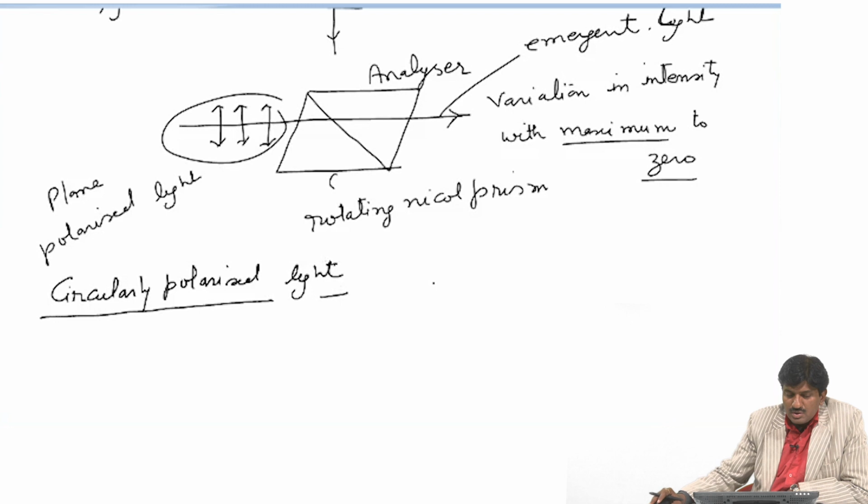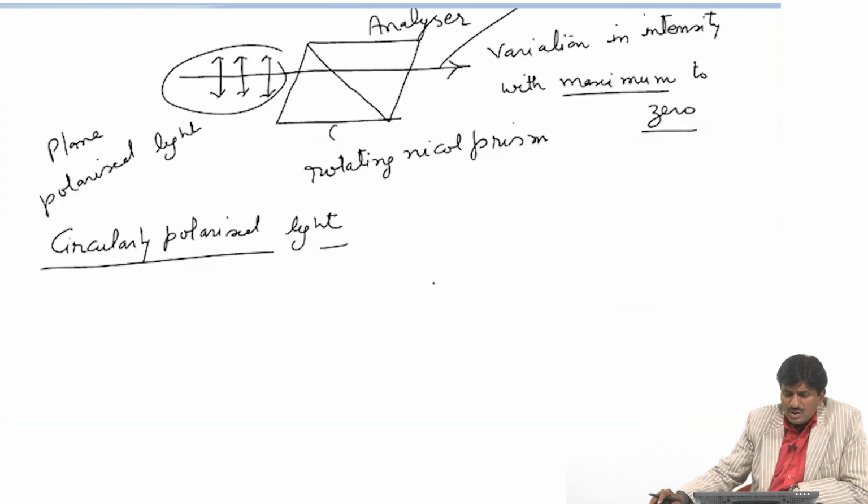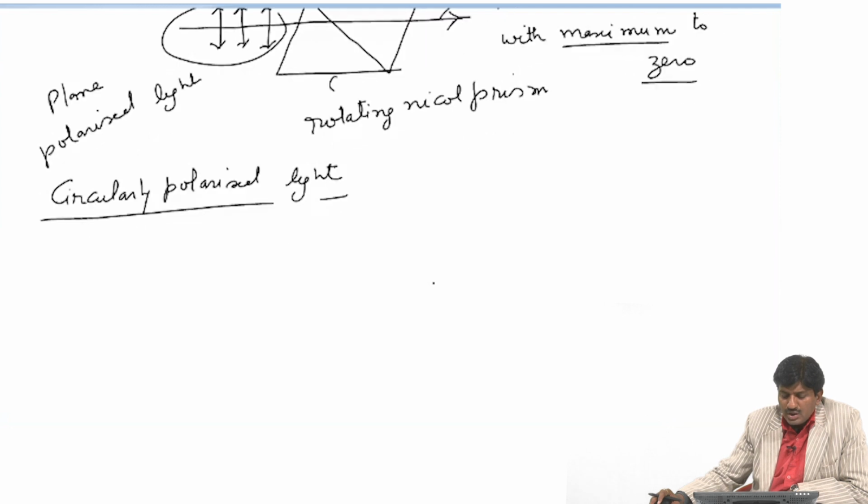Circularly polarized light means generally that on rotating a Nicol prism in front of unpolarized light and circularly polarized light, both give the same impression of no variation in intensity, because of the same amount of amplitude in all directions. Circularly polarized light means like this. This is circularly polarized light.